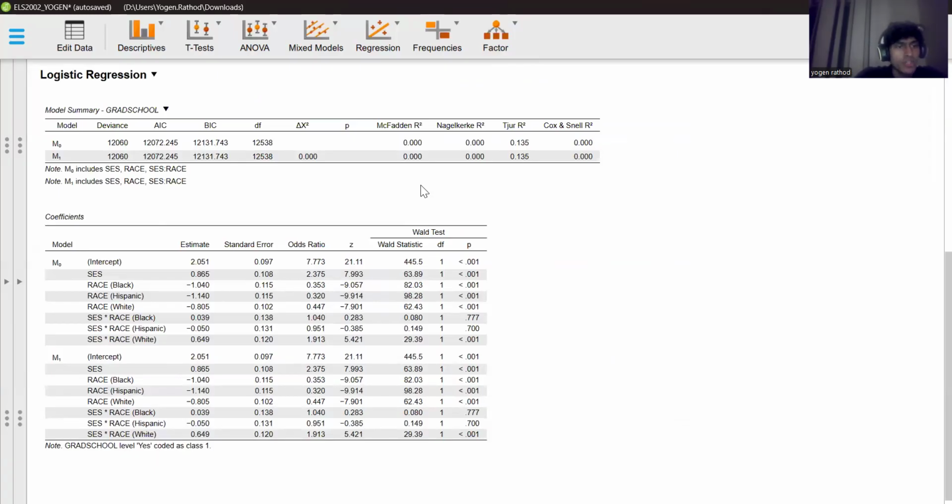For the second model, we look at whether the impact of SCS on graduate school attendance differs across racial groups by including an interaction term, SCS by race.